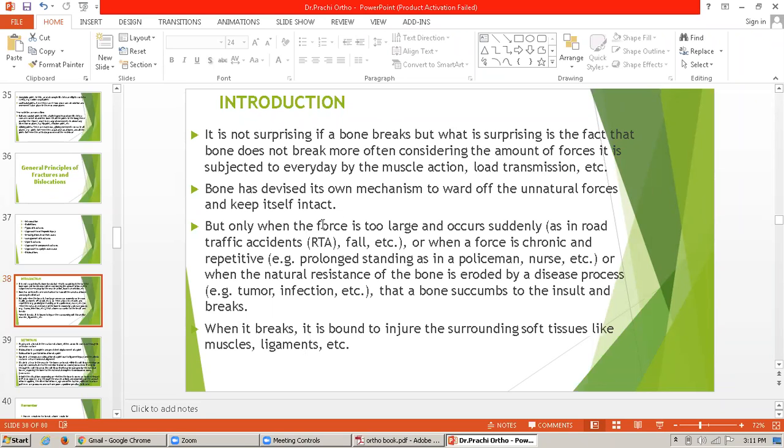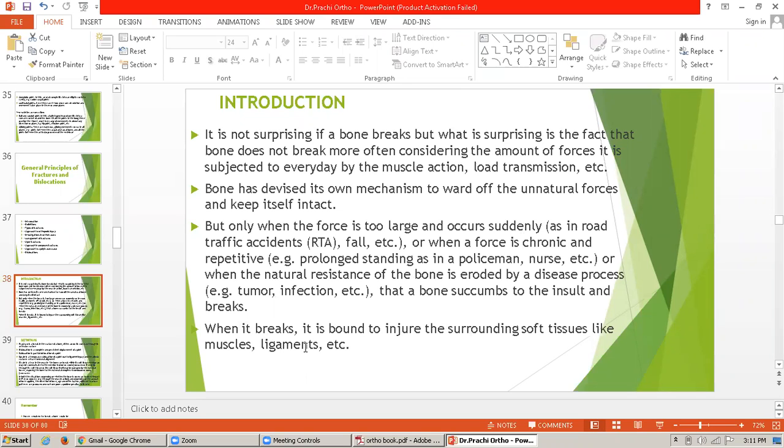But only when the force is too large and occurs suddenly, that is in a road traffic accident, or when there is a fall, or when the force is chronic and repetitive, that is prolonged standing, seen in policemen, nurses and many people, etc. And when the natural resistance of the bone is eroded by a disease process, that is, due to some disease like tumor or any infection, the bone succumbs to the insult.